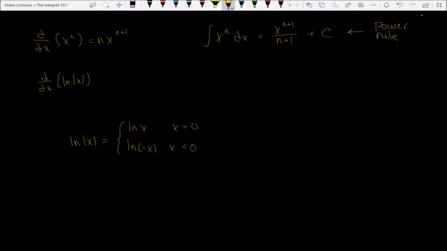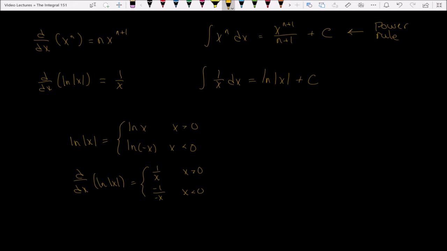If we now take a look at this derivative, it is also a piecewise function. It's 1 over x if x is larger than 0. It's negative 1 over negative x if x is less than 0. But negative 1 over negative x is still just 1 over x. So this derivative is 1 over x, which means that the antiderivative of 1 over x dx is the natural log of the absolute value of x plus a constant.